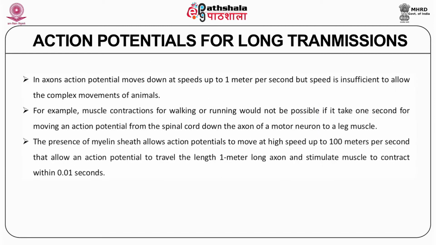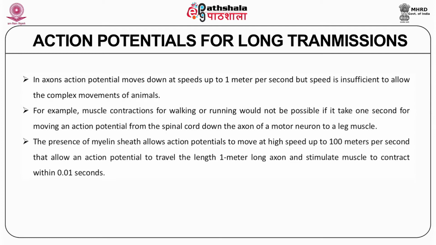In axons, the action potential moves down at a speed of up to 1 meter per second in non-myelinated axons, but this speed is insufficient to allow the complex movement of animals. For example, muscle contraction for walking or running would not be possible if it takes 1 second to move an action potential from the spinal cord down the axon of a motor neuron to a leg muscle.